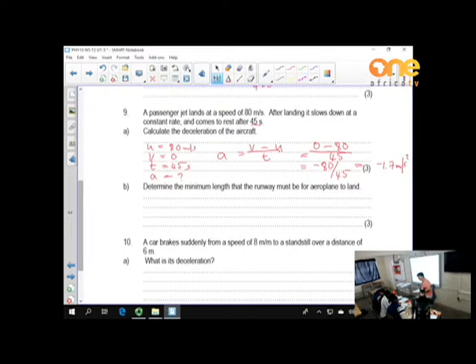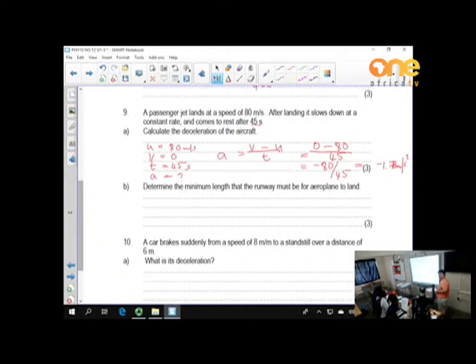Is it on the dot? 1.78. Okay. 2 places after the comma is better than 1. It's a deceleration. Initial velocity is what you start with.